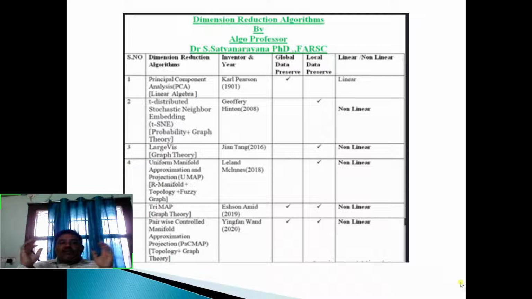Then we find a covariance matrix, converting the data matrix into a covariance matrix. Once the covariance matrix is obtained, we find its eigenvalues and eigenvectors.